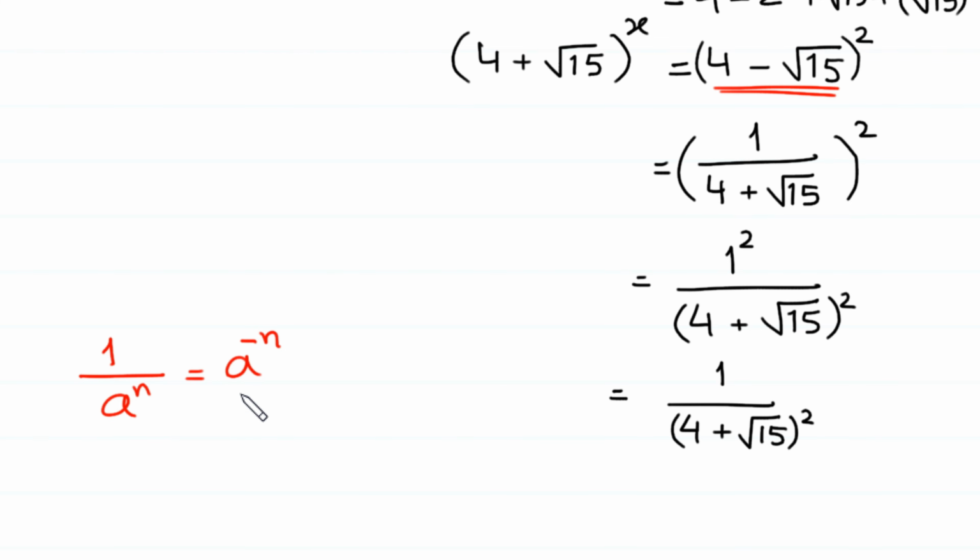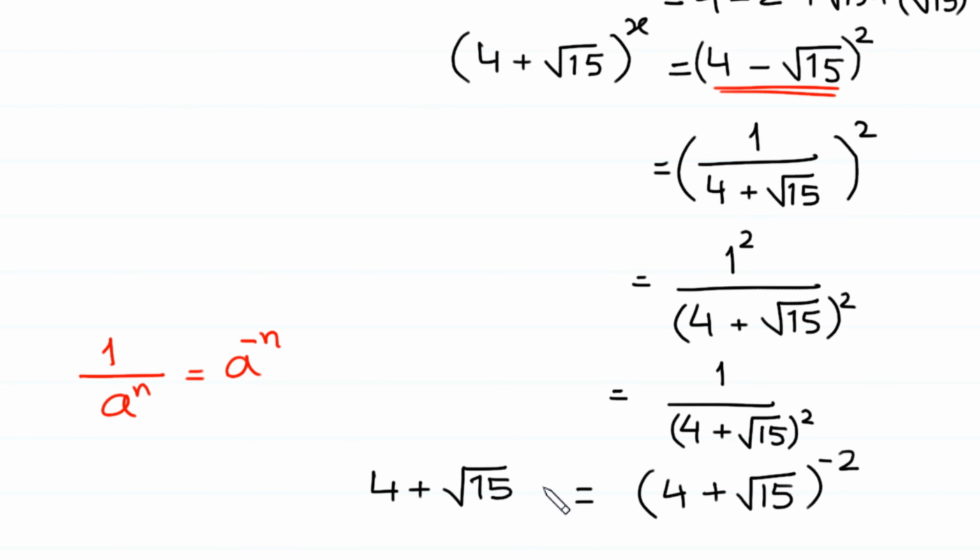According to this rule, we can write this 1 over 4 plus square root of 15 whole square as 4 plus square root of 15 whole to the power negative 2, and at left side we have 4 plus square root of 15 whole to the power x.